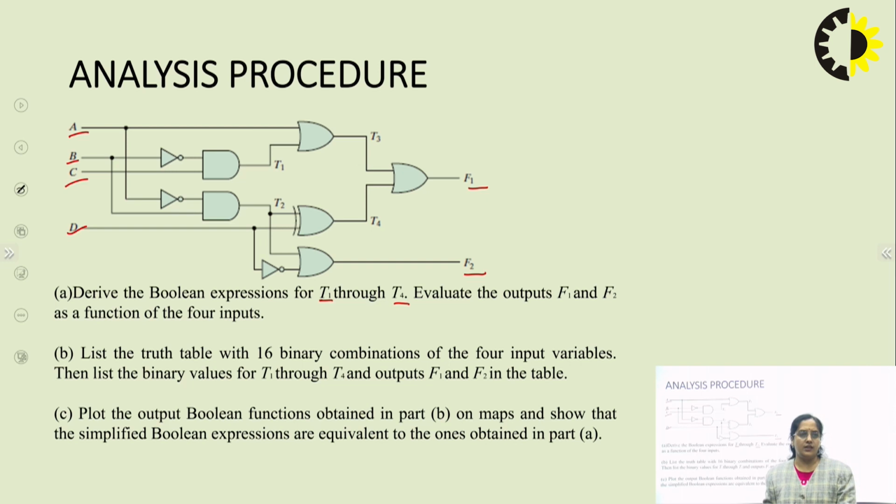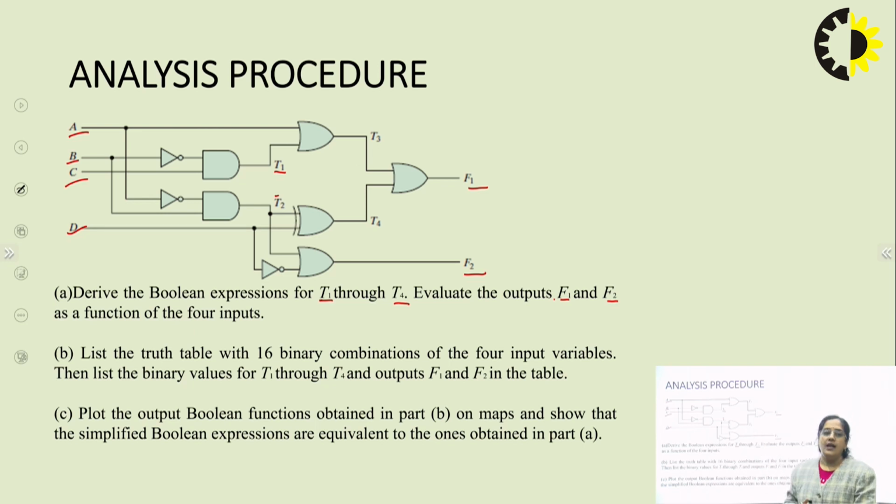T1, T2, T3, T4 are the intermediate states. Like T1 is the outcome of an AND gate, T2 is the outcome of another AND gate, like this. The final outputs are F1 and F2. So, we have to find the expression for F1, F2 in terms of the four inputs, that is A, B, C, D.